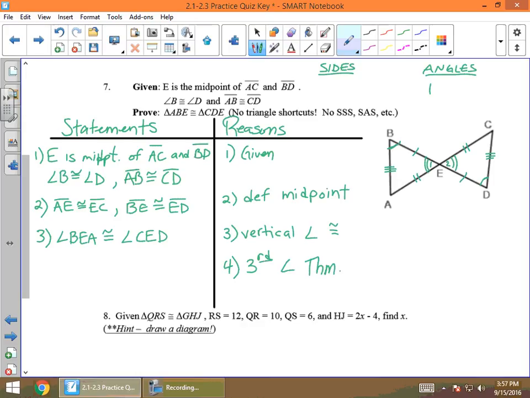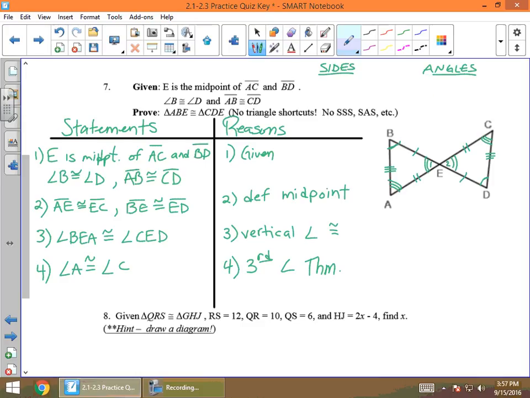The third angle theorem will always allow you to say that the third angles are congruent. So in this case, angle A is congruent to angle C. Angle A down here and angle C in the upper right. So that gives me my last piece.